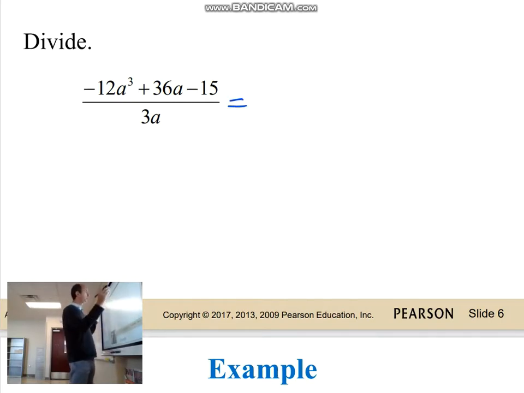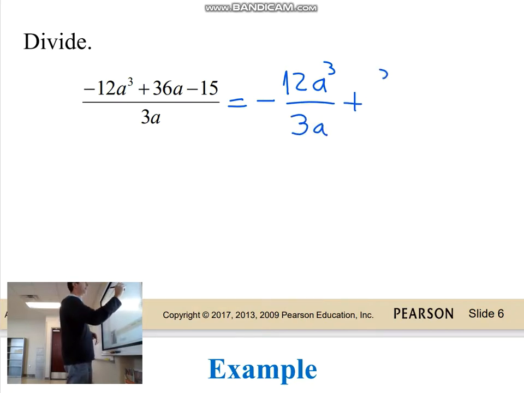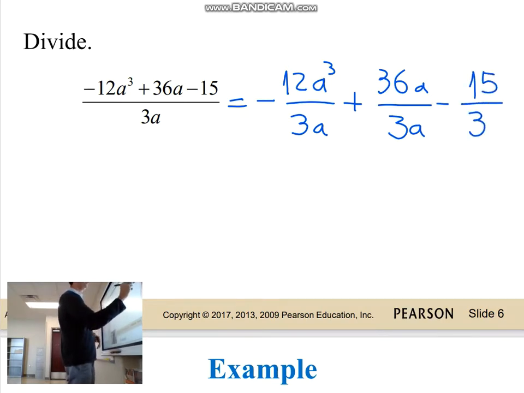So we can split each term: negative 12a cubed over 3a, plus 36a over 3a, minus 15 over 3a. That's how we do it.